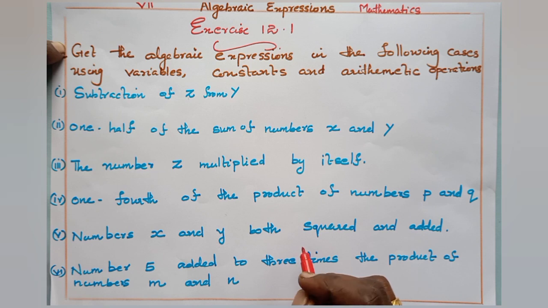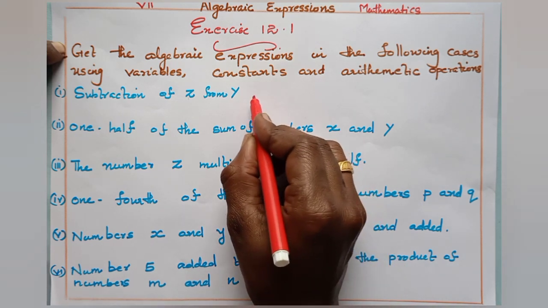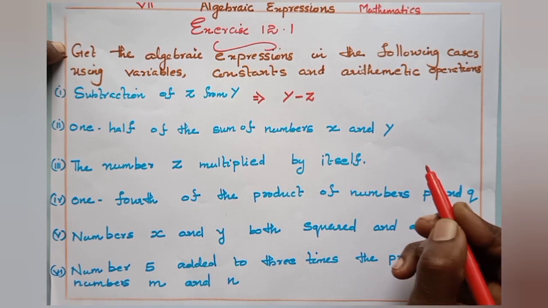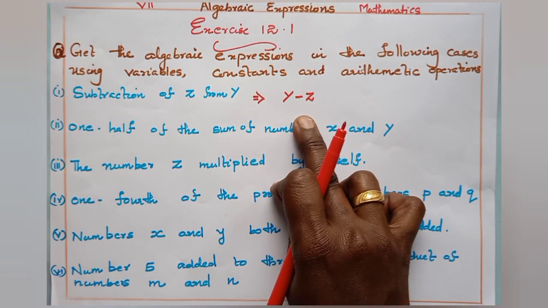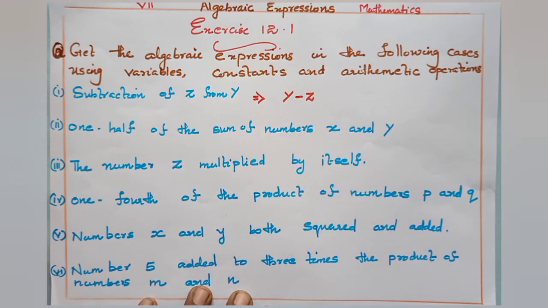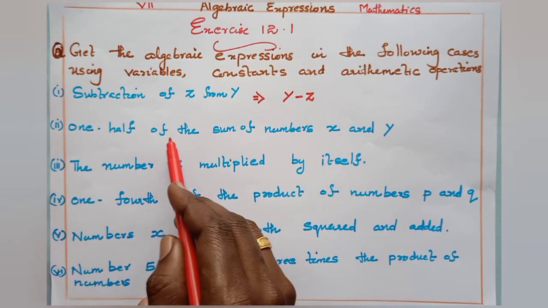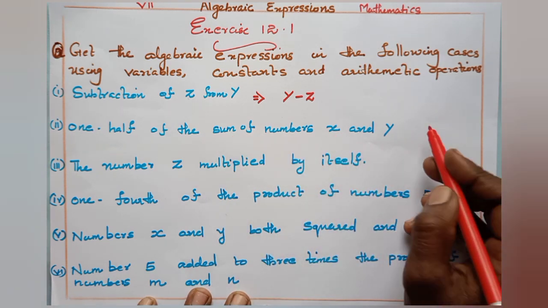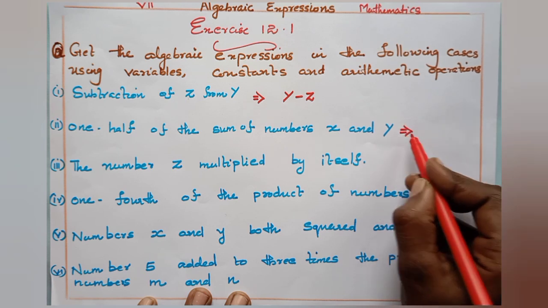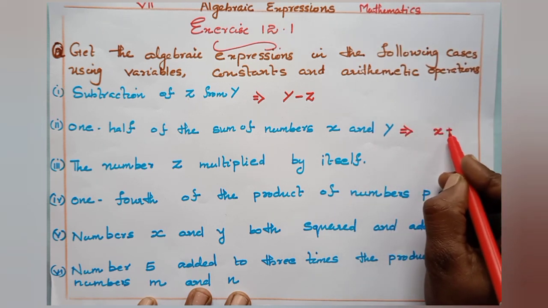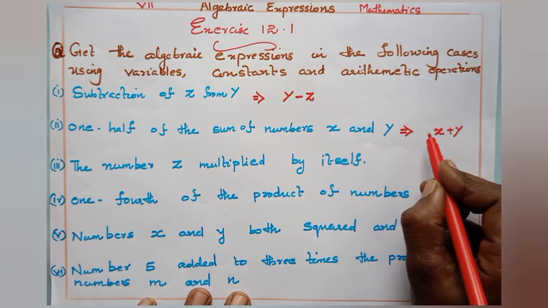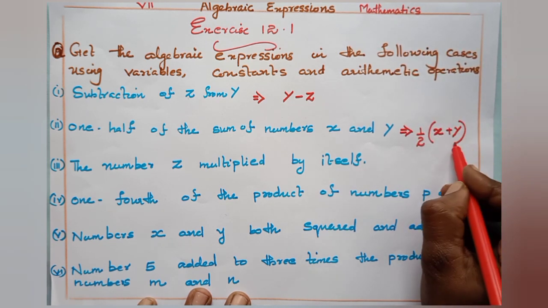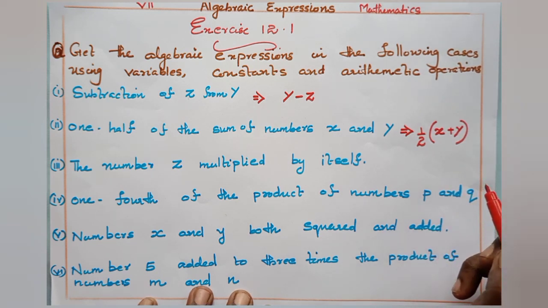Subtraction of z from y means y minus z. So this is an algebraic expression. Then the second question: 1/2 of the sum of the numbers x and y. The sum of x and y is x plus y. So 1/2 of means half of x plus y.